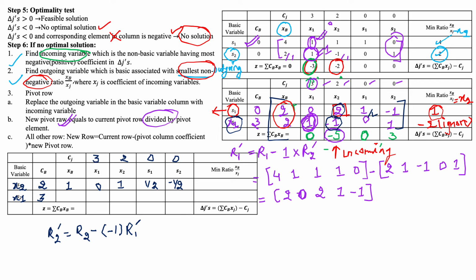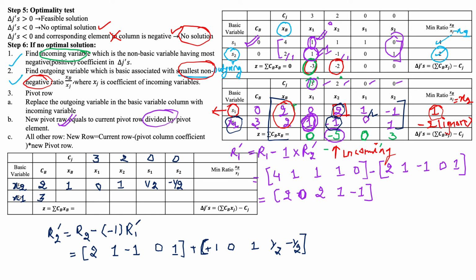This is my new R1. So what is my older R2? R2 is 2, 1, minus 1, 0 and 1. Subtract, multiply with minus 1, so it will indirectly become plus 1. Then new elements are 1, 0, 1, half, minus half.